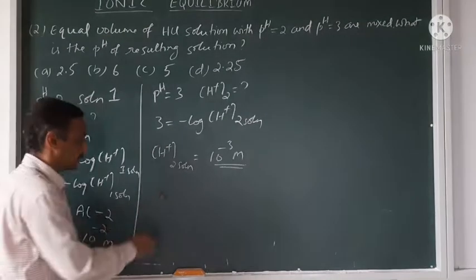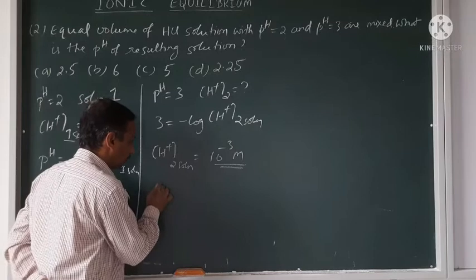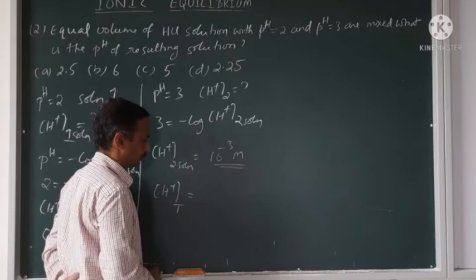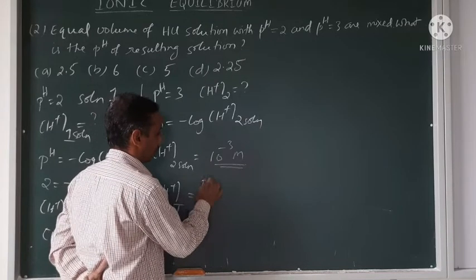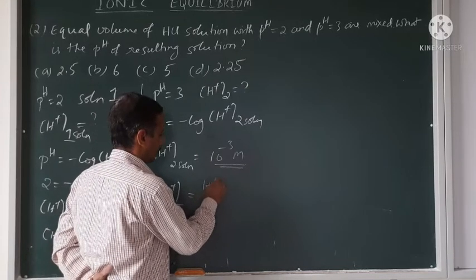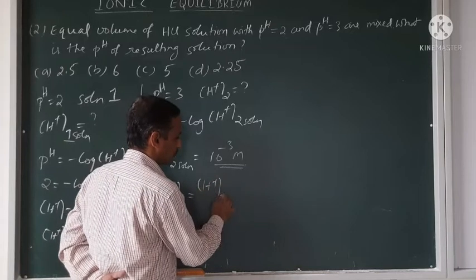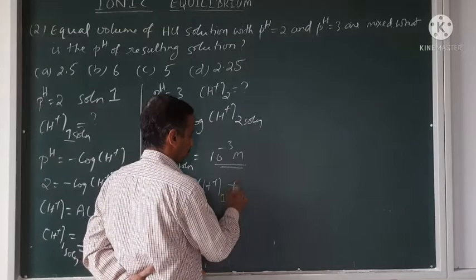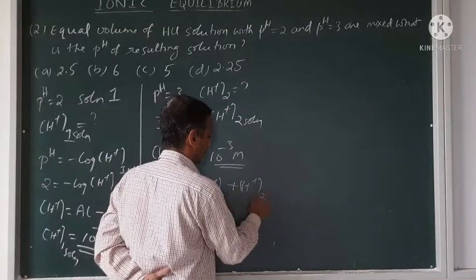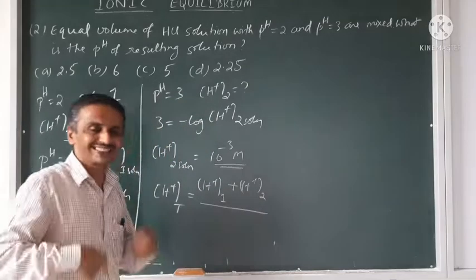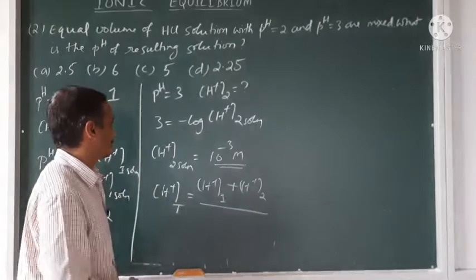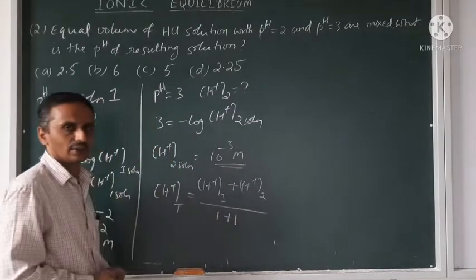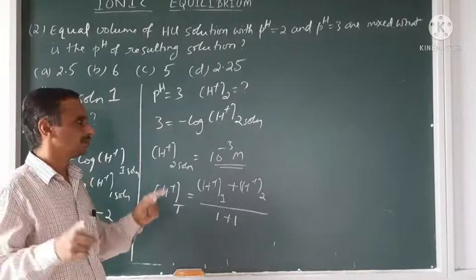Now, see here. I want the total H plus ion concentration, which is equal to H plus of the first solution plus H plus of the second solution, but by mixing the volume will increase. So 1 plus 1, because I took the volume as 1 for this.